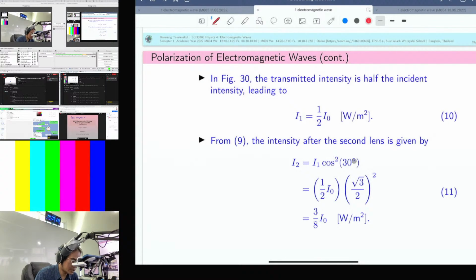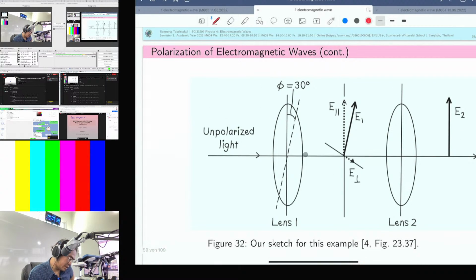As you know, cosine of 30 is square root 3 divided by 2, but we need to square it because it's power of 2. I1 will be the result from the former expression after the first lens, where the intensity is reduced by 1/2, and is propagated through the second lens that has polarizing axis in the vertical arrangement like this.